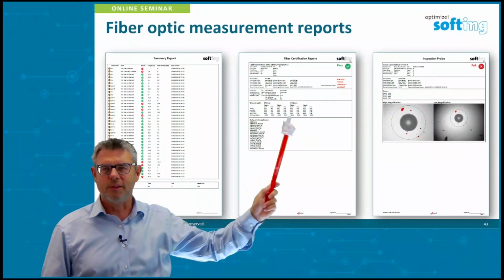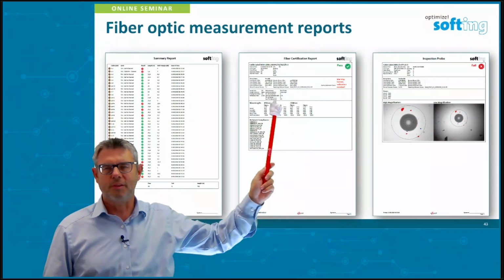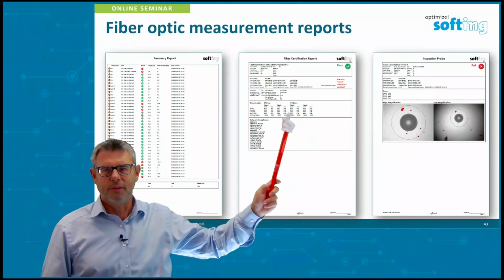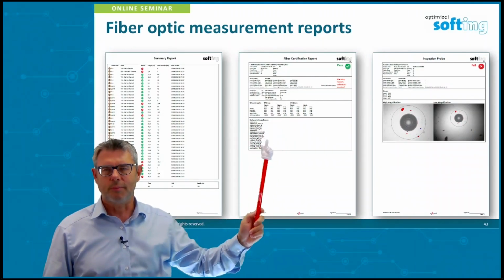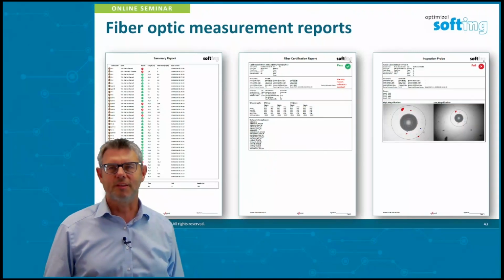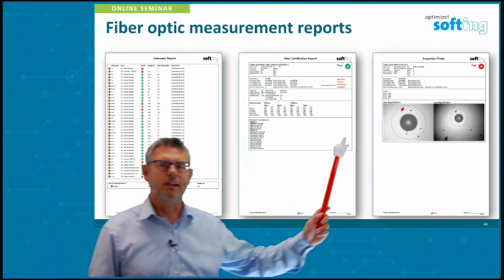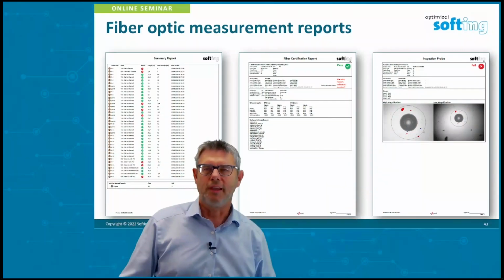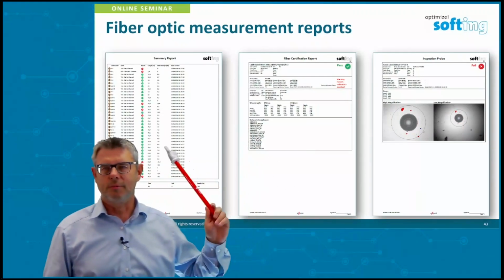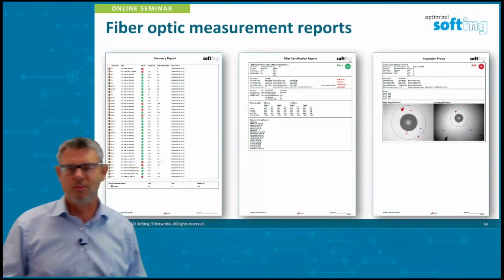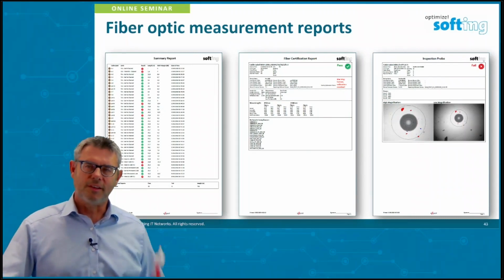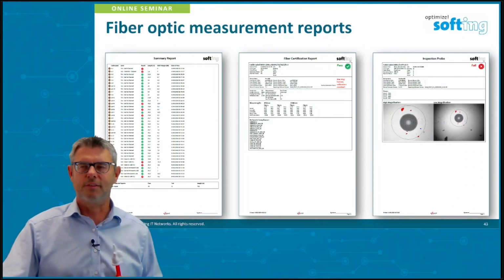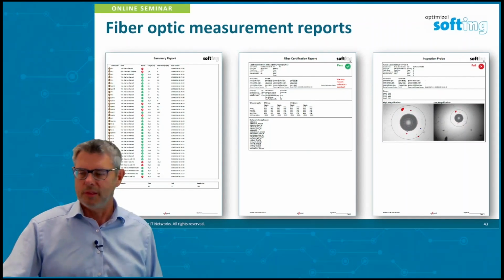Here you see the measurement results, bidirectional measurement results. And if we meet the requirements here, we also meet certain requirements for certain transmission standards as well. Here is how the documentation for the end faces looks like. This one here behind me is a summary page of measurements done in a row. Okay, that was attenuation measurement, the classical acceptance test for a fiber optic link.